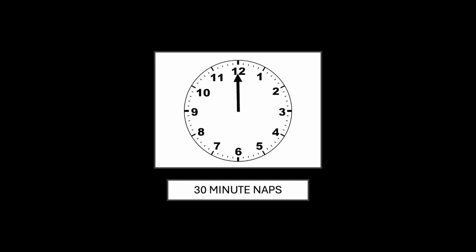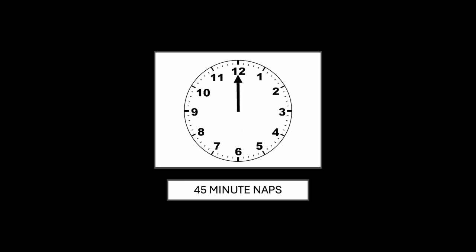Now, if we go greater than half of the frequency of the clock, say 45-minute naps, things get even more confusing. If we take a 45-minute nap, it goes from the 12, then we wake up and it's at the 9. We take another 45-minute nap, it goes from the 9 to the 6, another 45 minutes later to the 3, and then to the 12.